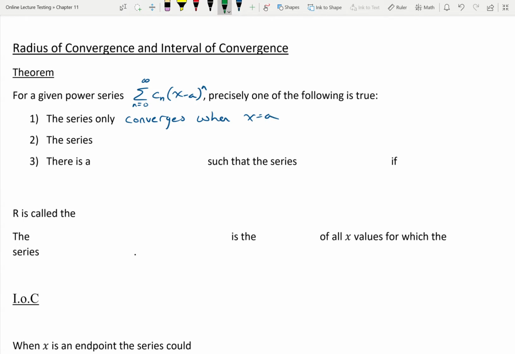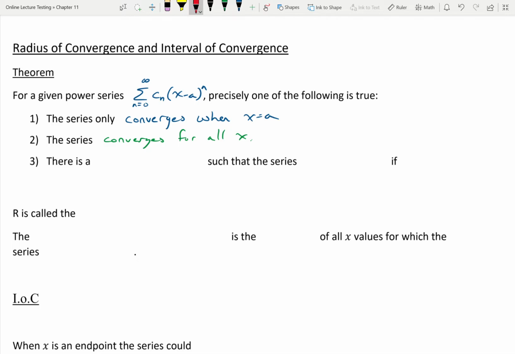Number 2, the series converges for all x. So for any choice of x, we get convergence. And the last one, this one's a little bit more convoluted, but this is what we just saw actually.